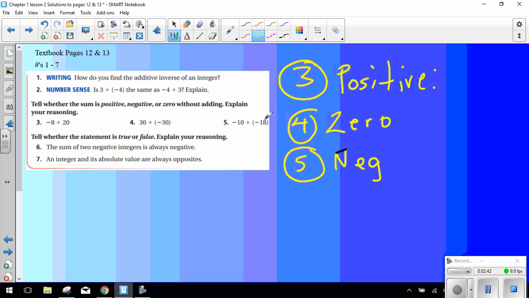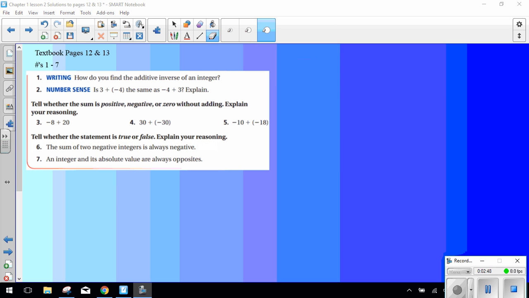Since both signs are the same, we add and keep the sign. Okay, for 6 and 7, we're going to tell whether the statement is true or false, and we have to explain. So for number 6, the question says the sum of 2 negative integers is always negative.